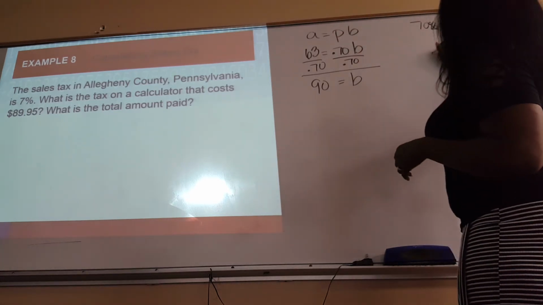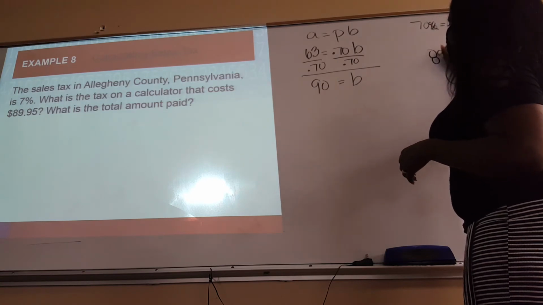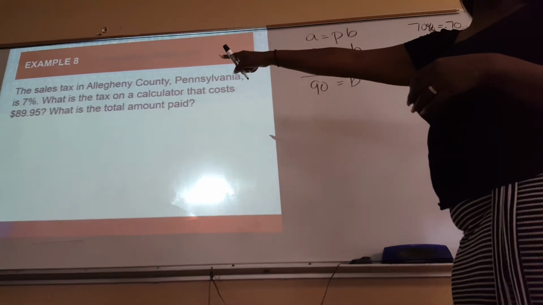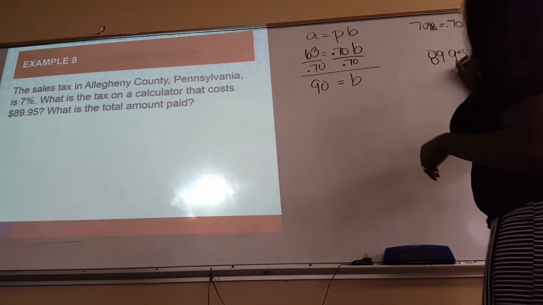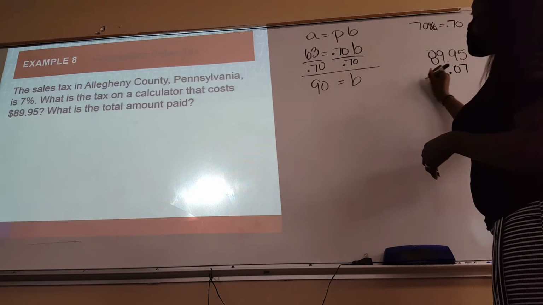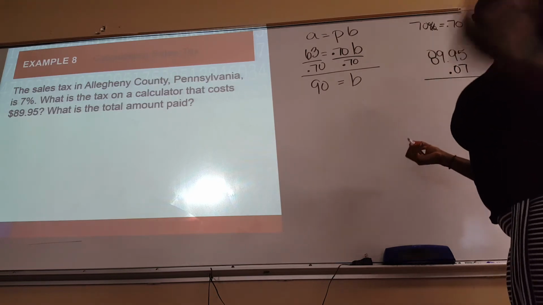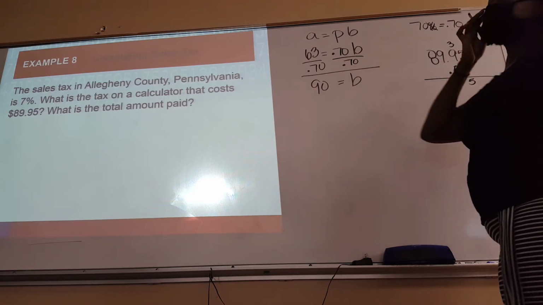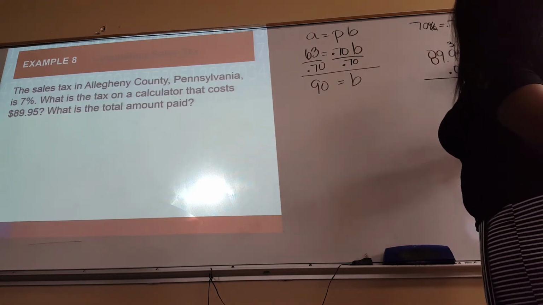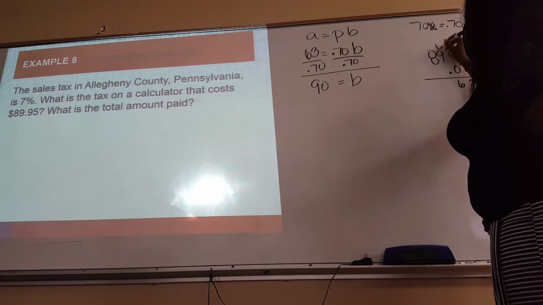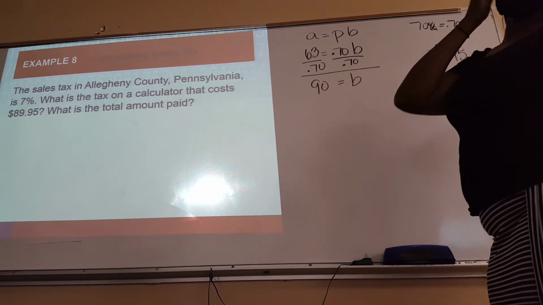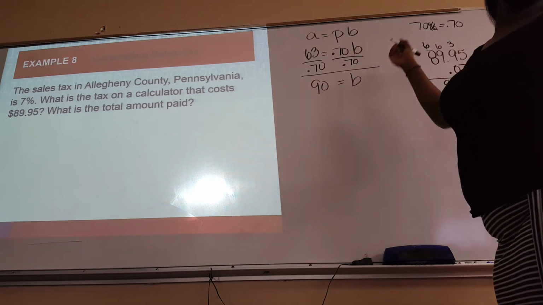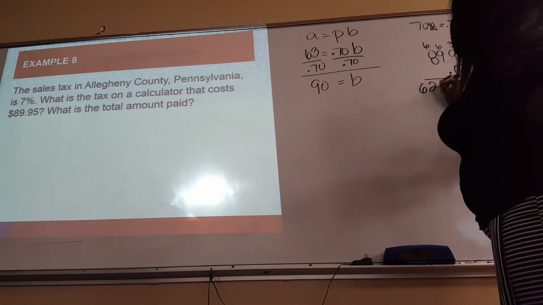So that's the same thing with these big items. If I don't have a calculator, but I know my item is $89.95 and we're trying to use 7%, just 0.07 as a percent, we can multiply. 7 times 5 is 35. 7 times 9 is 63, plus 3 is 66. 7 times 9 is 63 plus 6 is 69. 8 times 7 is 56 plus 6 is 62.